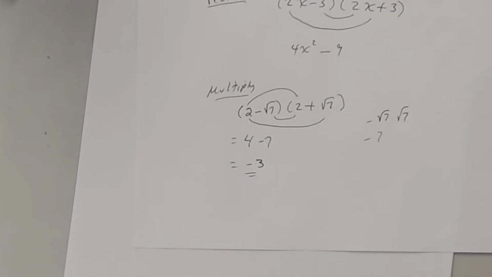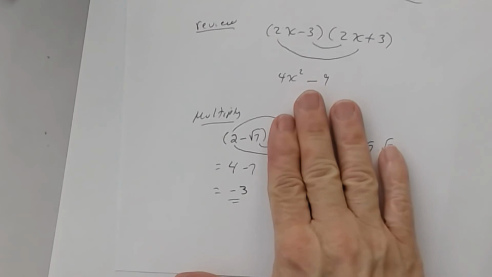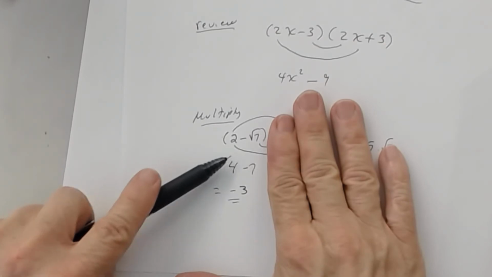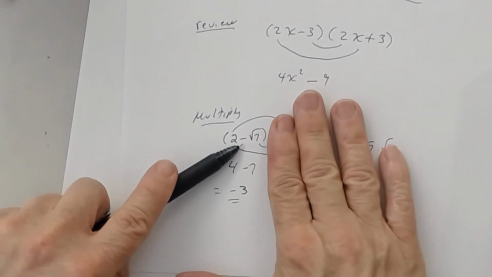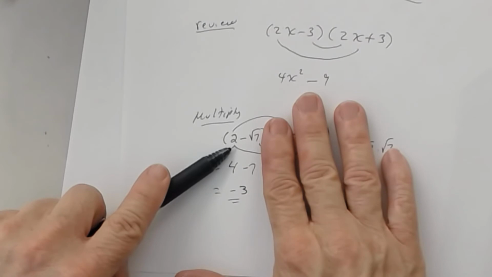All right, now notice this 2 minus the square root of 7. It was what kind of number? Irrational. I multiplied this 2 minus the square root of 7 times, not its opposite, because the opposite of 2 minus the square root of 7 would be negative 2 plus the square root of 7.